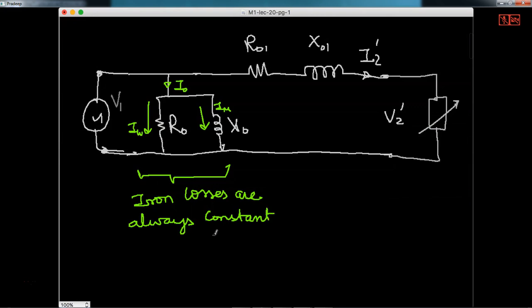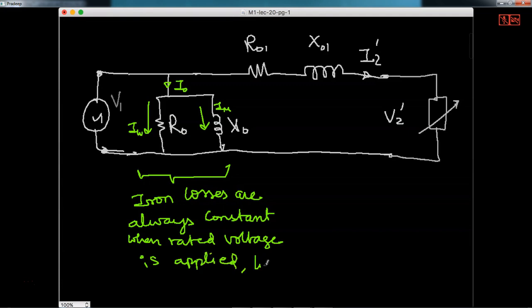Of course, this is subject to rated voltage being applied. So let's denote this as Wi. This is the iron losses. So Wi represents the iron losses.